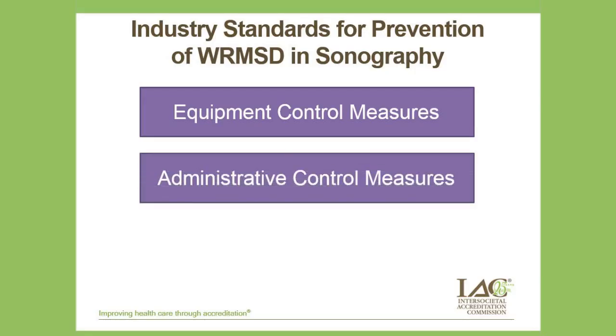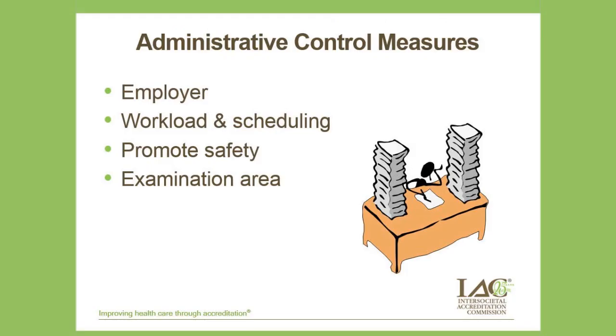All right, let's move on to the administrative control measures. And I think this is something that we experience challenges with, because this has a lot to do with employers, with workload and scheduling, promoting safety, and exam areas.